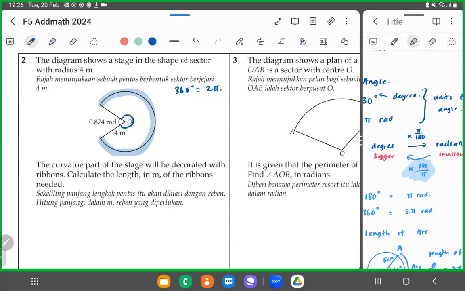But more steps, if you change to degrees and then change it back again. Don't plus the 4 because the question says the curved part only.